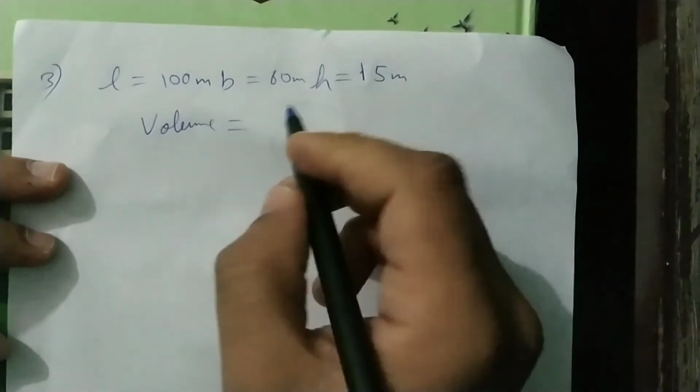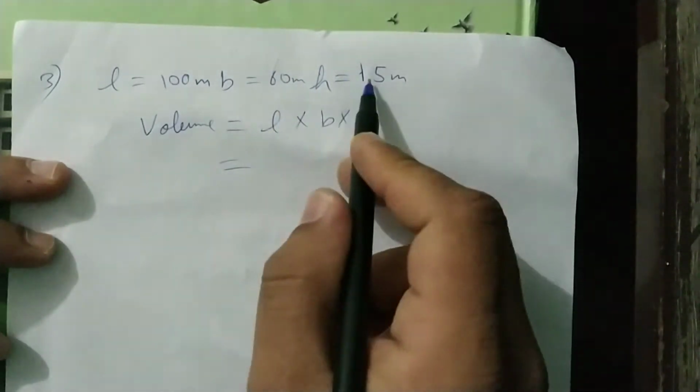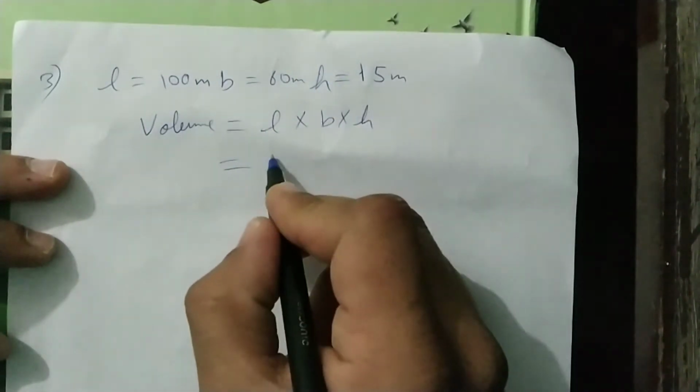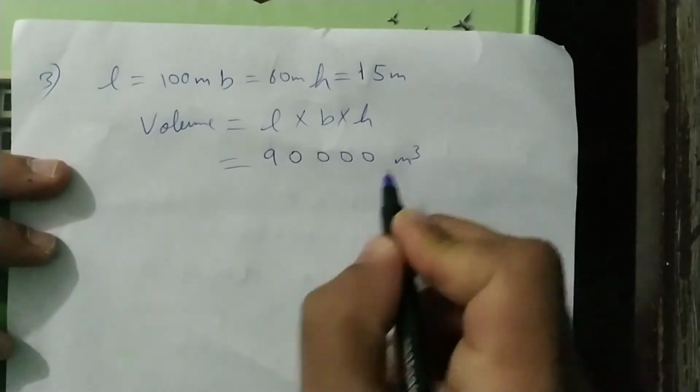Volume is length, breadth into height. That will be around 90,000 meter cube.